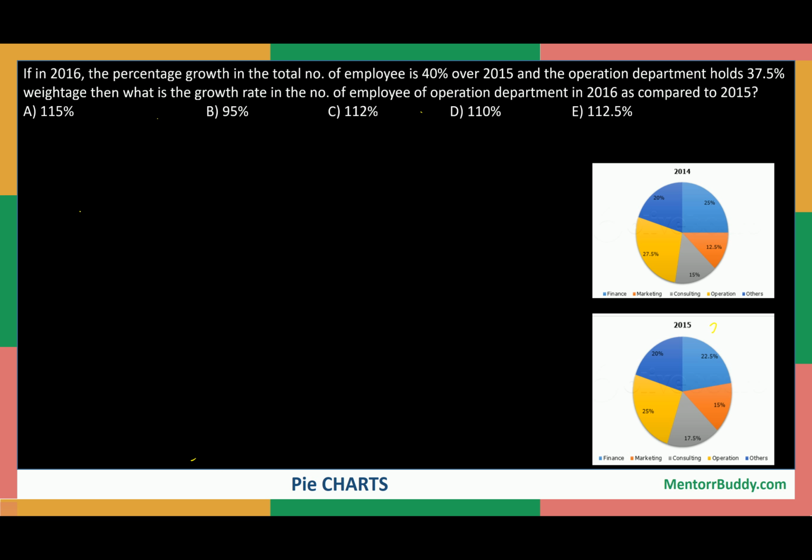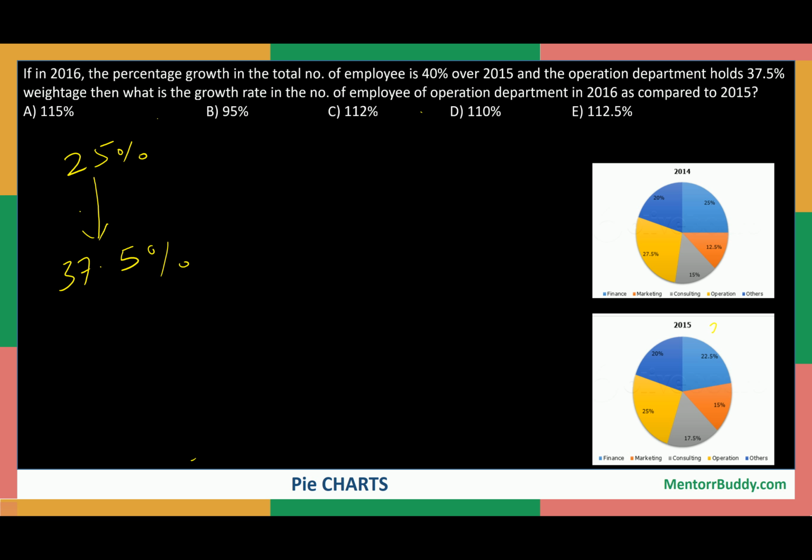See, there are 25% employees in 2015, which has become 37.5% in 2016. But there is also an increase of 40% in the total number. If it had been in the same year, we can clearly see there is an increase of 12.5%, which is 50% of 25.